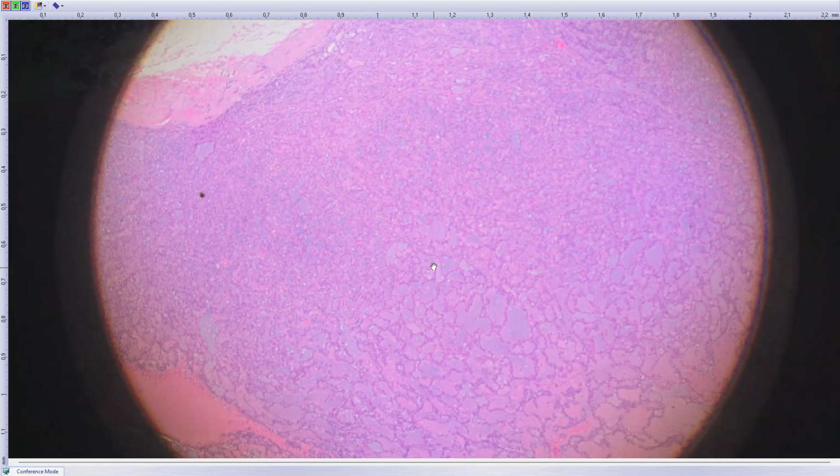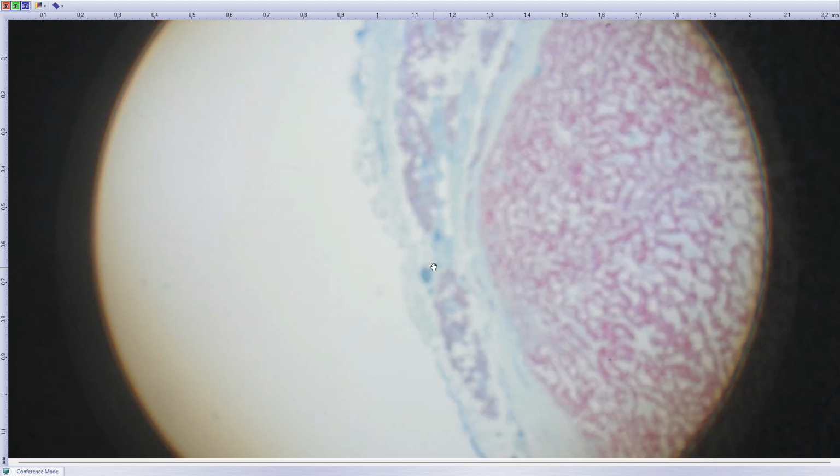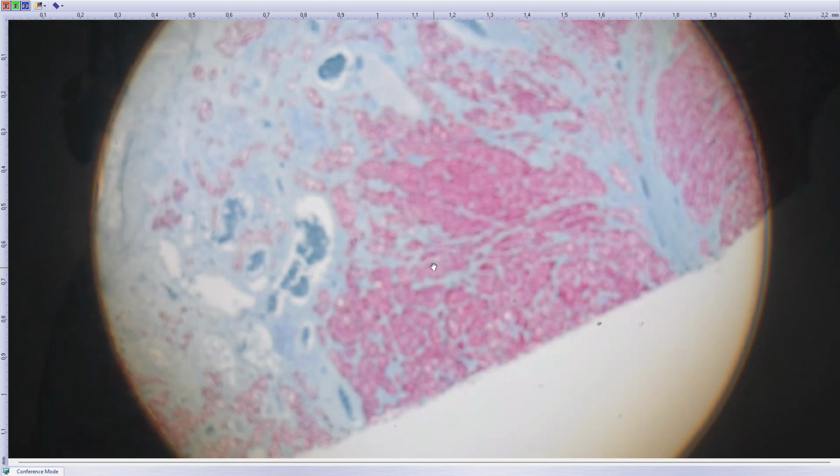Regarding immunoprofile, the tumor was positive for SOX10 and S100 and CK7. I can't find it at the moment. Give me time. Yeah.